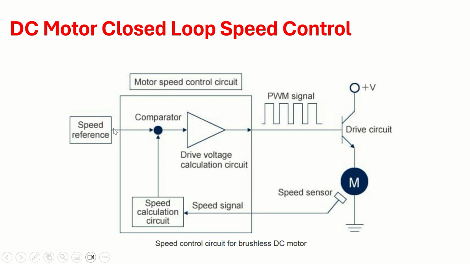You subtract the measured speed from the desired speed, and whatever error is there will again adjust the PWM on time and off time so that the speed is further controlled. Until the difference between the reference value and the measured value is zero, this adjustment, either positive or negative, of the pulse width will take place.